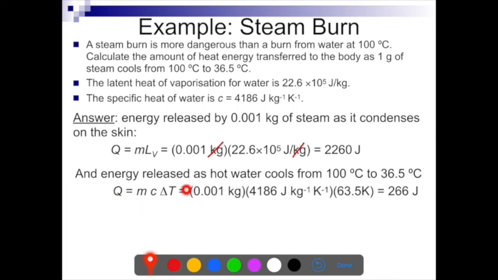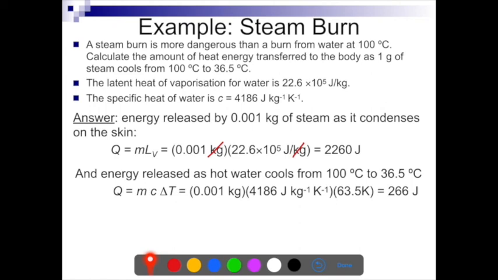And so the equation to use to solve for the amount of energy released when you change temperature from 100 degrees Celsius to 36.5 degrees Celsius is Q equals mc delta T. So m is the mass of the substance or the object whose temperature changes.